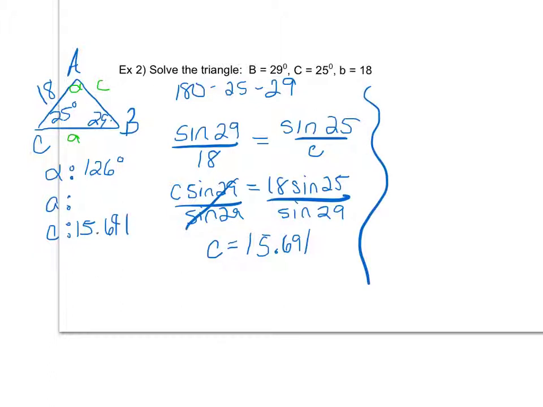So again, I'm going to use 29 and 18. I could use 25 and that 15.691 if I wanted to. And then I'm trying to solve for side A. I know my alpha, I've already solved for that, is 126. And I can again cross multiply.